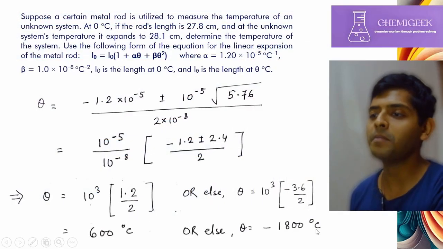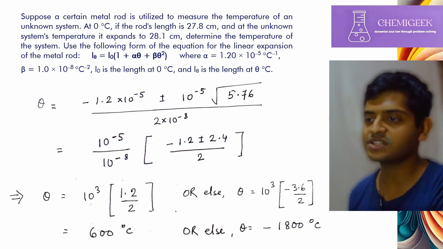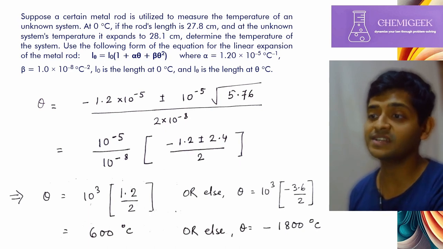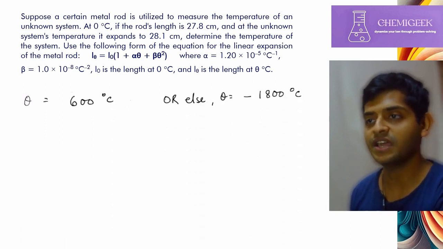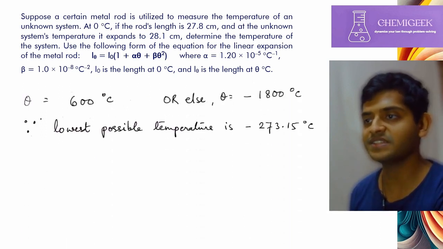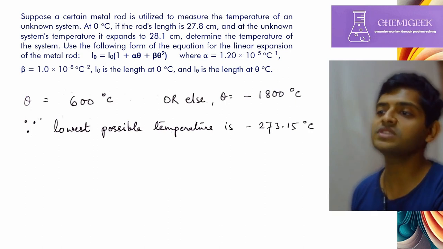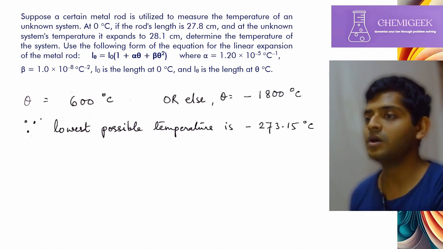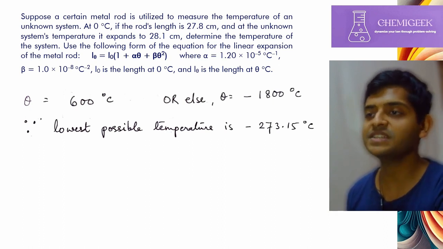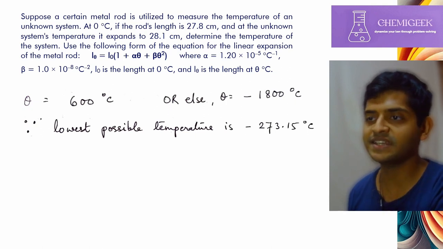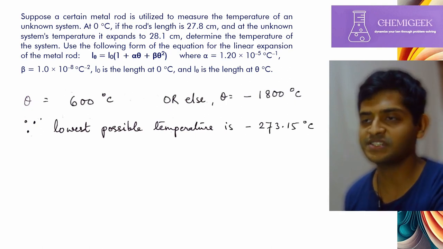As we know, minus 1800 degrees Celsius is not possible, because the lowest possible temperature according to the Kelvin scale is minus 273.15, because all the gases, or let's say all the matter, ceases to exist below this temperature, or the volume becomes negative below this temperature.